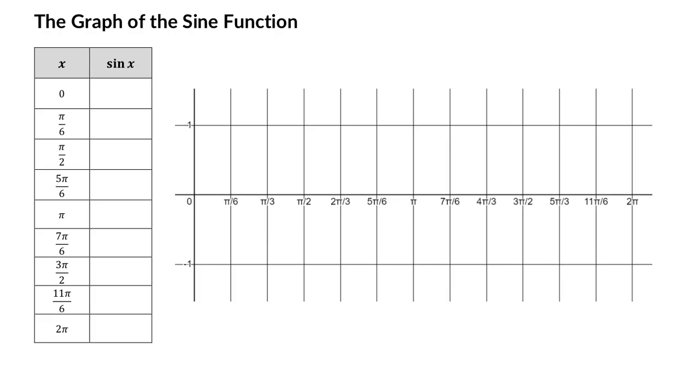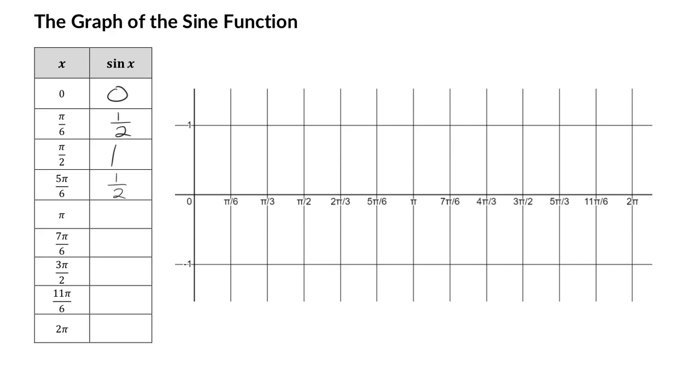What is the sine of 0? 0. Nice. What is the sine of pi over 6? 1/2. What is the sine of pi over 2? Oh, I jumped. Pi over 2. It's 1. How about 5 pi over 6? 1/2.